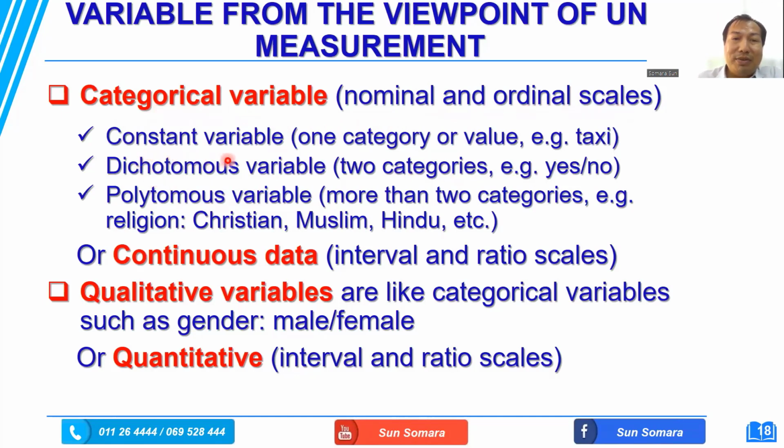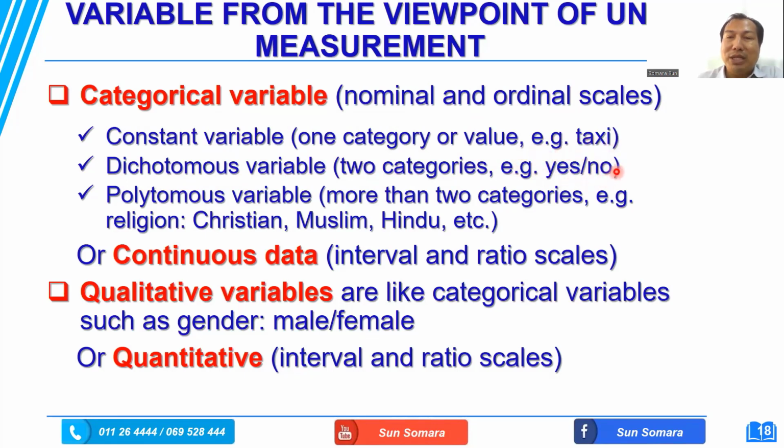A constant variable has only one category or one value, like taxi, for example. A dichotomous variable has two categories, for example yes and no. This one has just one answer, this one has two answers.